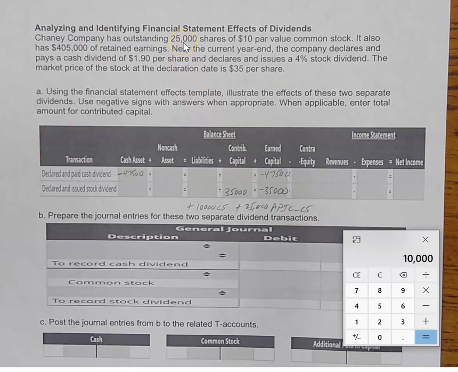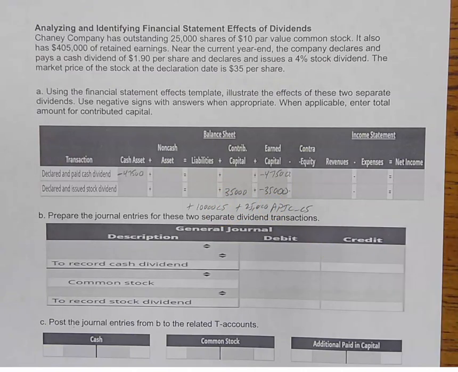So again, 4% times 25,000 shares is 1,000 times 35 gives us 35,000 minus basically $10 times 1,000, so minus 10,000 is 25,000. Okay, so this contributed capital would go up by 35,000, but it is in two separate pieces. Okay. All right.